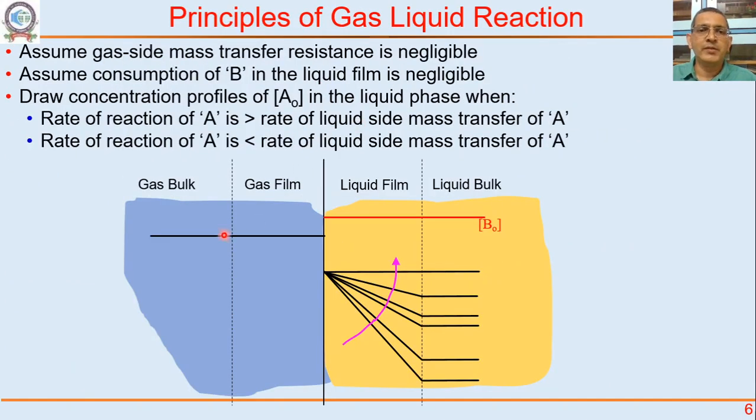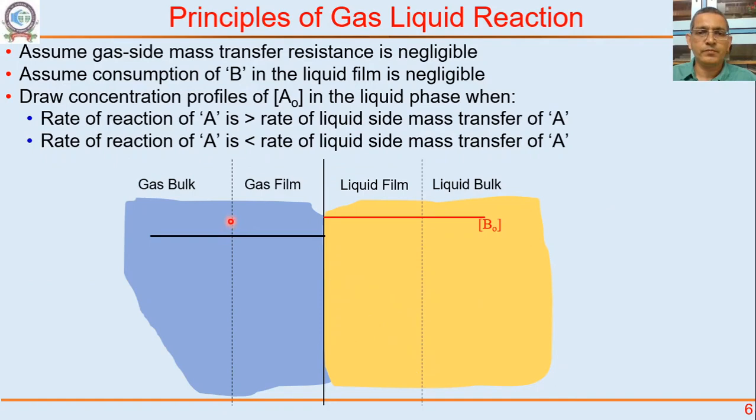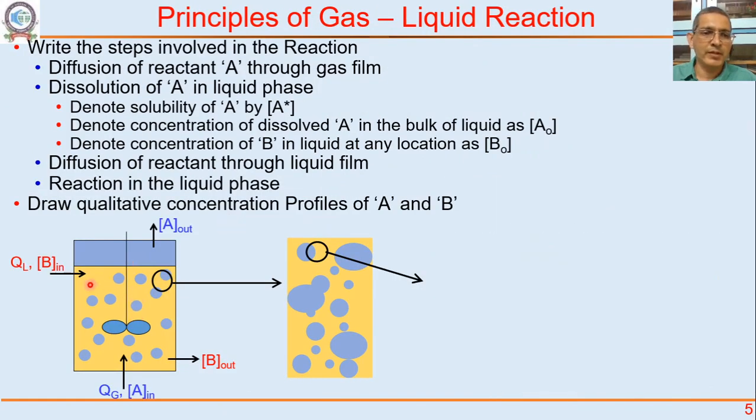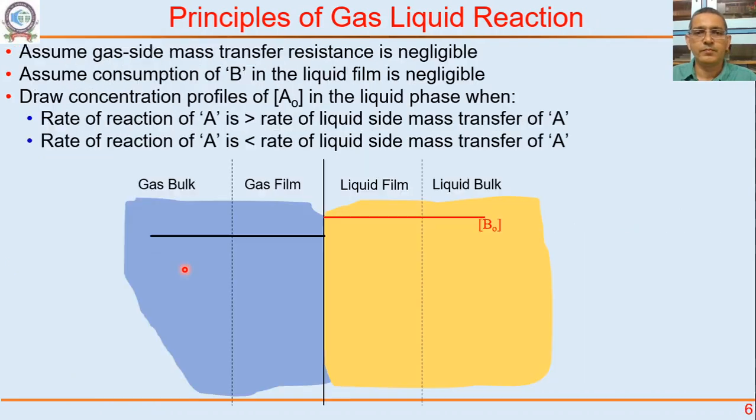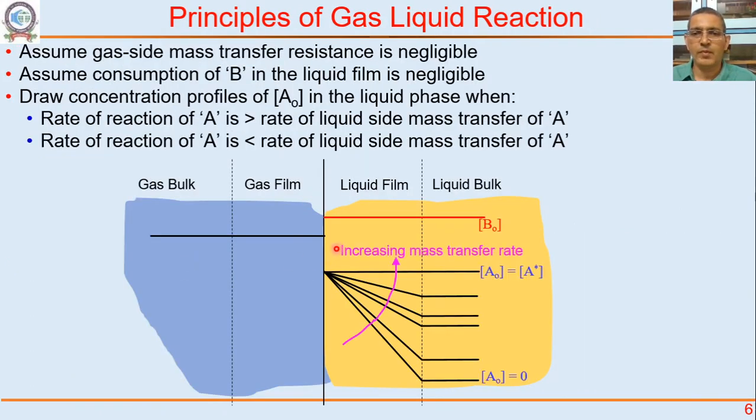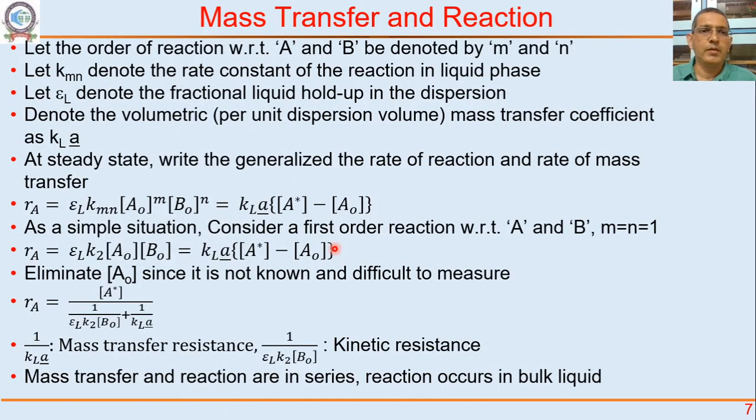Meaning, if this is our dispersion, this yellow fraction of the liquid in this dispersion is epsilon L. Gas fraction, the blue fraction, is epsilon G. Let's denote volumetric mass transfer coefficient per unit dispersion volume as kLa.